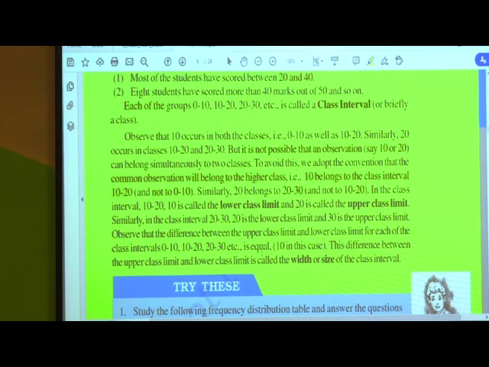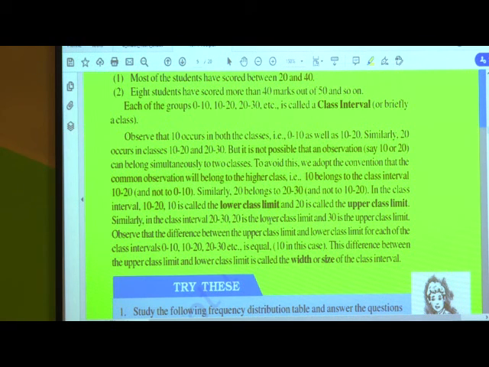In the class interval 10 to 20, what is 10 called? 10 is called the lower limit, the lower class limit.